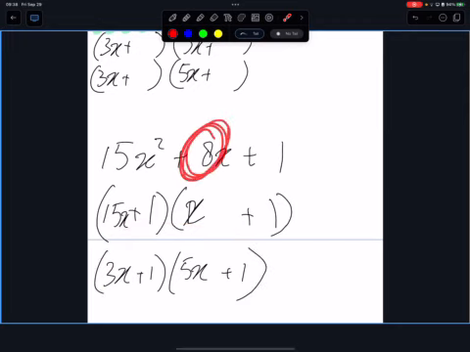It should be 8. Yes, my apologies. So these are the possibilities with 1. Every time you have 1 in the back, it's easy. 1, 1. It's only 1.